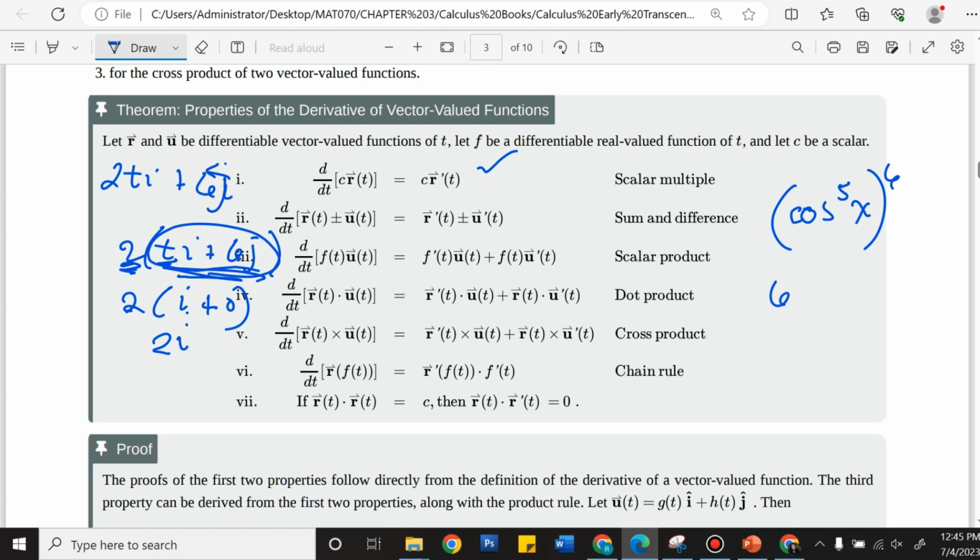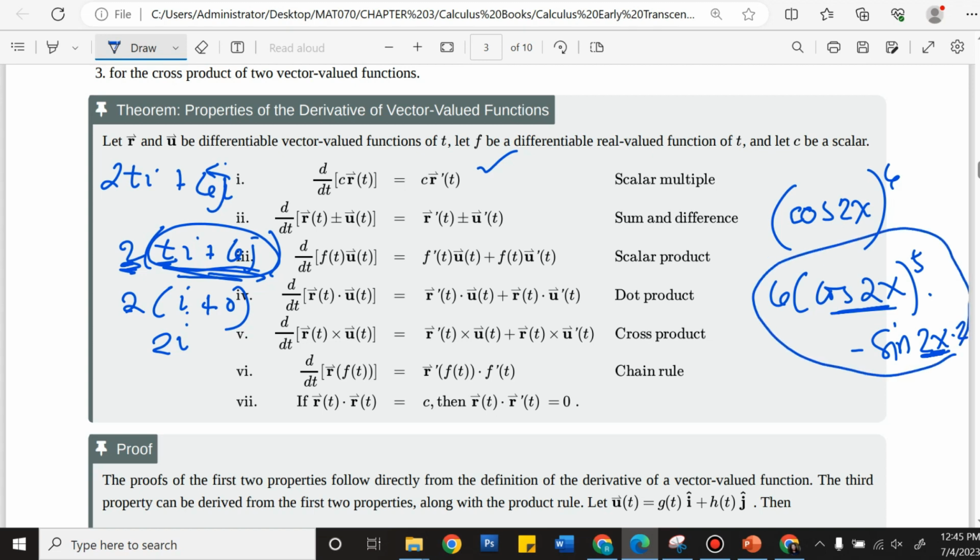So ang buhaton nato, 6 cosine of 2x raised to 5, because 6 minus 1 is 5, times the derivative of the inside, which is negative sine 2x. Then the derivative of this is 2. So this is the chain rule process, similar to the chain rule before.